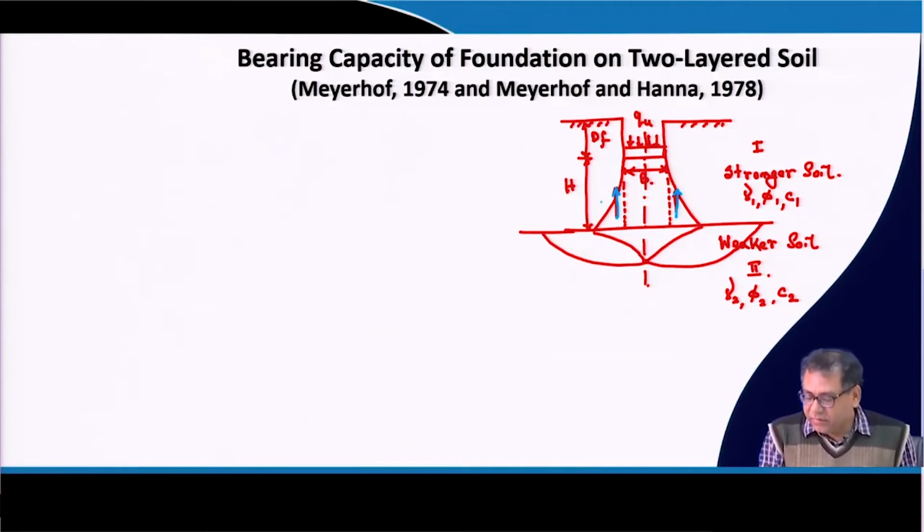Now again, when this soil tries to move, as you see from the original failure line, the soil is moving in the outer direction.